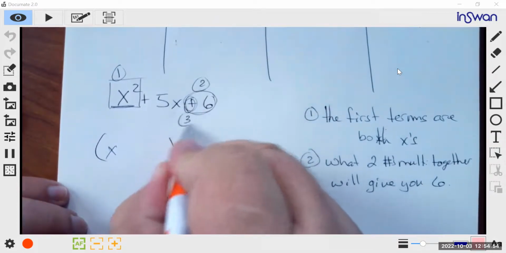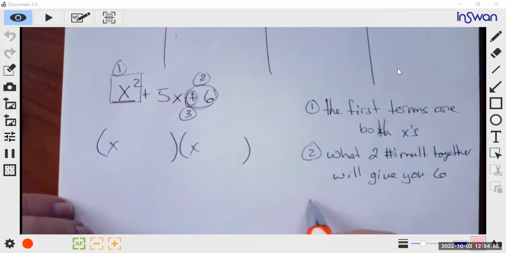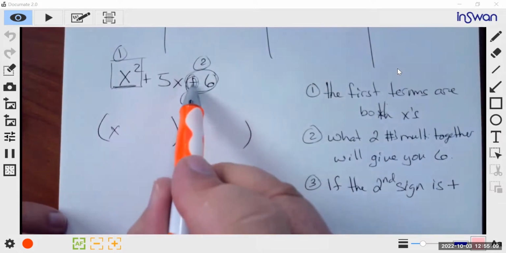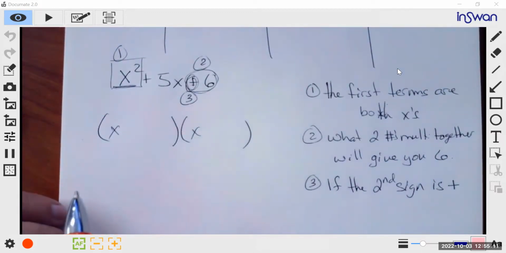Then we look at the sign. If the second sign is positive, what does that tell us?